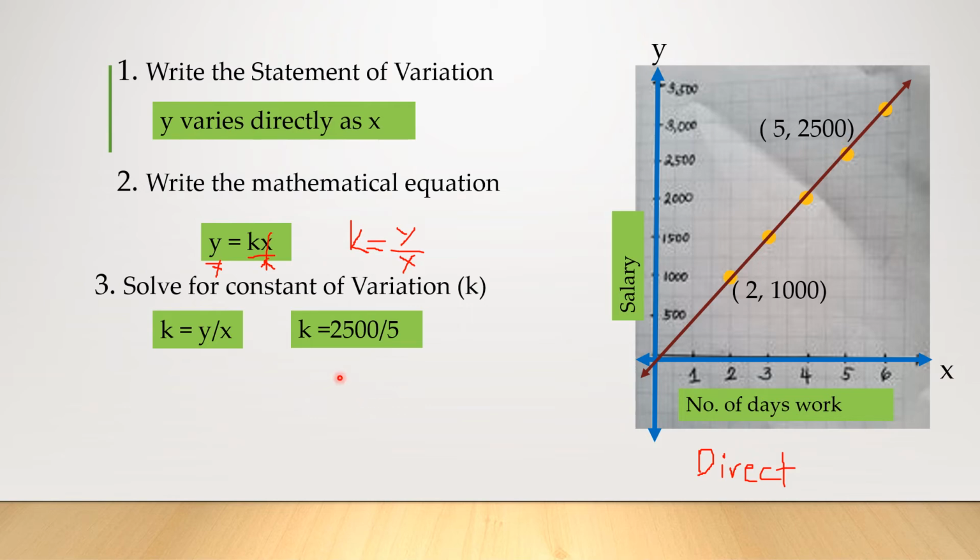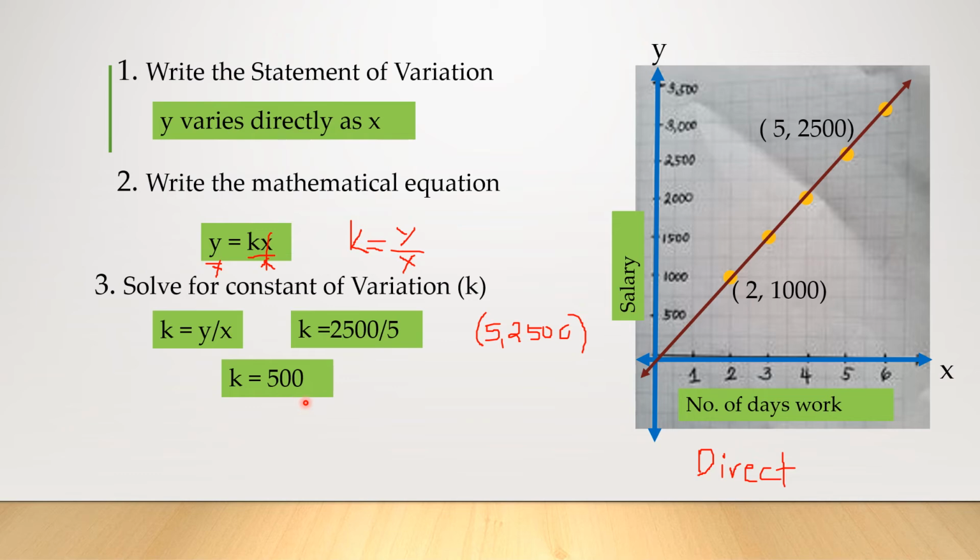So y is 2,500 divided by 5, which is the value of x. You can choose any points on that line. So what is 2,500 divided by 5? That is 500, which is the constant of variation.